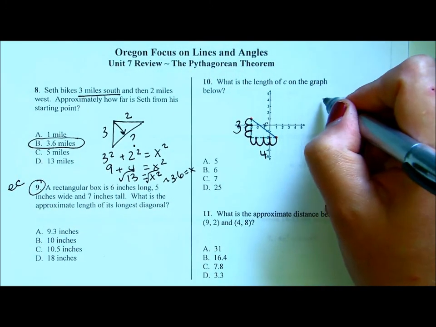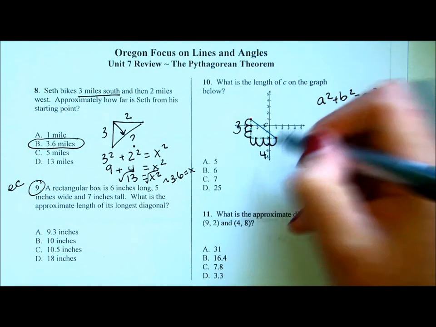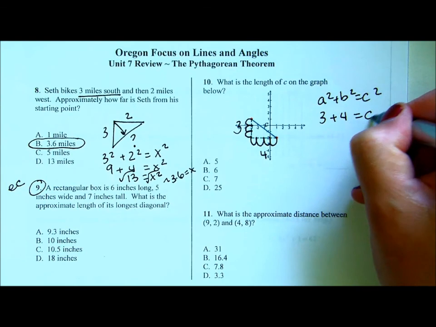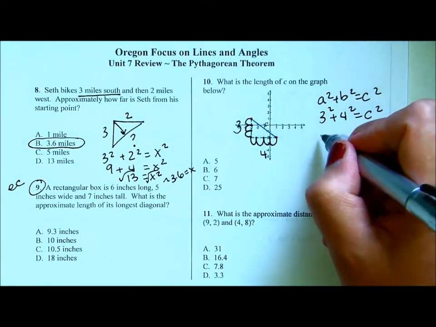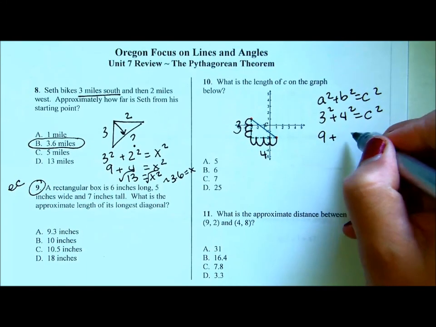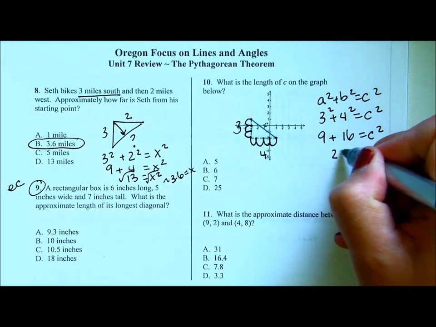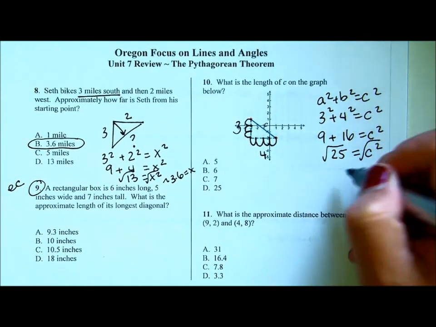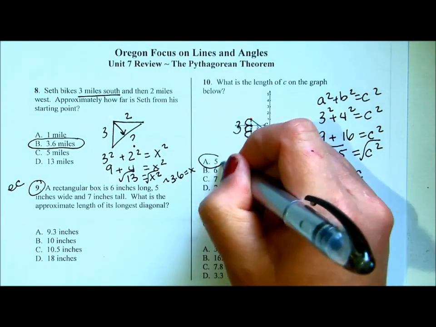So using Pythagorean Theorem, my A is 3, my B is 4, and my C, I don't know. So we're going to figure that out. 3 squared is 9. 4 squared is 16. Add those two together, you get a lovely 25. Square root them both, so we're going to end up with 5 equals C, which means our answer is A.